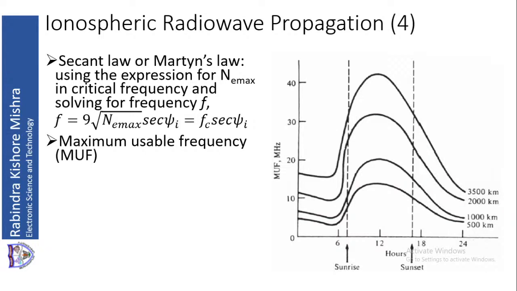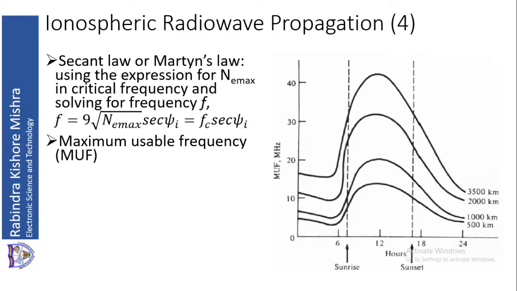Now 9 root over N_emax is f_c. So f is equal to f_c into sec psi I. This is called the secant law or Martin's law. From this we find a frequency which is called the maximum usable frequency, or MUF.